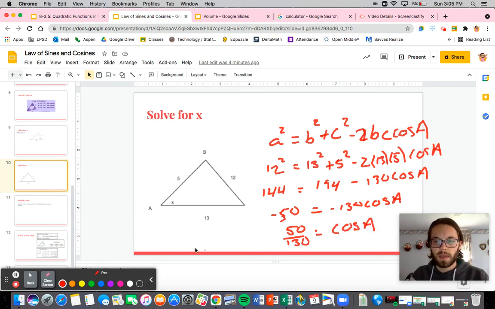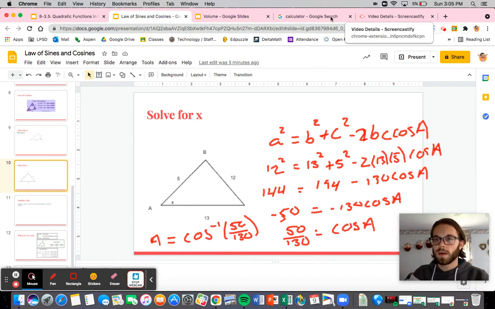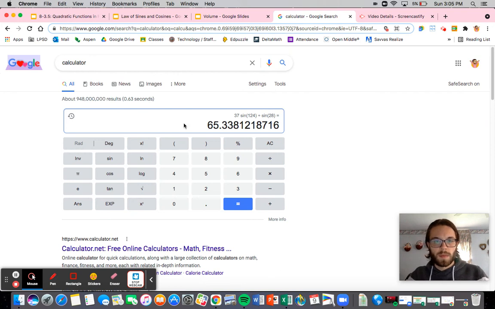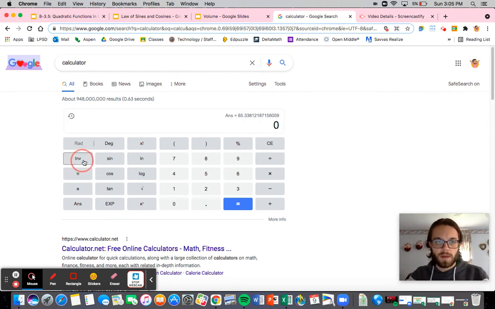So that would make A be equal to cosine inverse of 50 over 130. All right, so we have cosine inverse or arc cosine of 50 divided by 130.